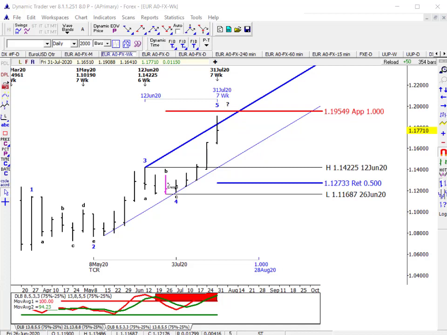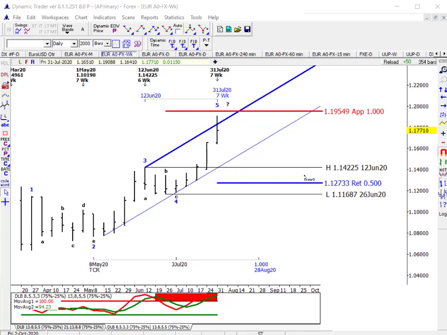In Elliott wave terms, when we're making a correction to a 5-wave advance, a typical retracement or correction reaches around the extreme of the wave 4. So the 50% retracement is right in the middle of the wave 4 trading range. It's a really good target to be aware of if the euro does continue to decline, or if we do make this reversal and it declines over the next few weeks.